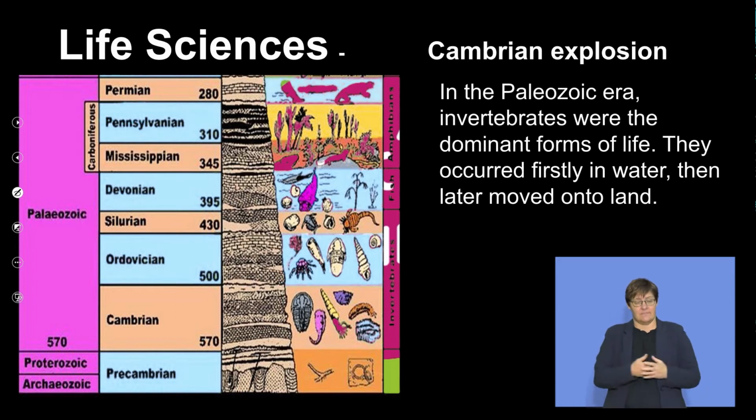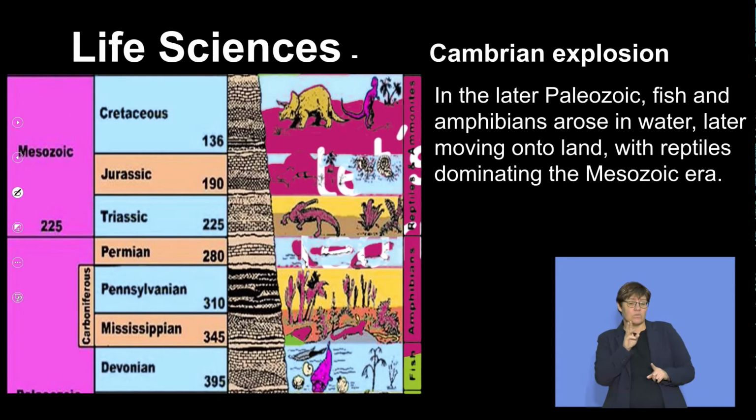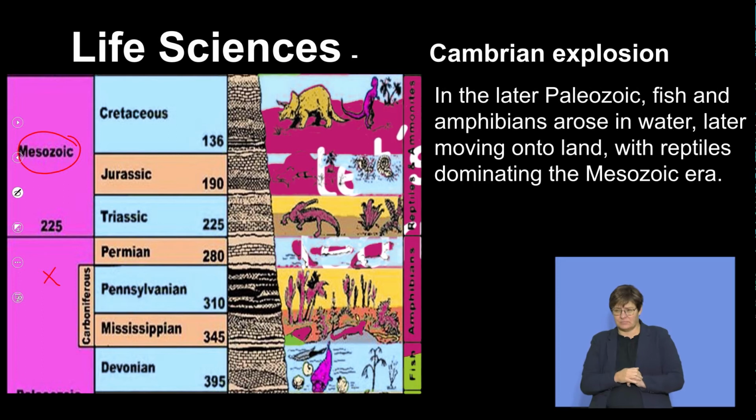Okay, so if we look purely at the Paleozoic era, if we look at all the life forms here, right at the bottom, mainly invertebrates. And the invertebrates were first found in water, and then they later moved onto land. Then, if we have a look at the end of the Paleozoic here and the Mesozoic here, you can see that vertebrate animals started appearing.